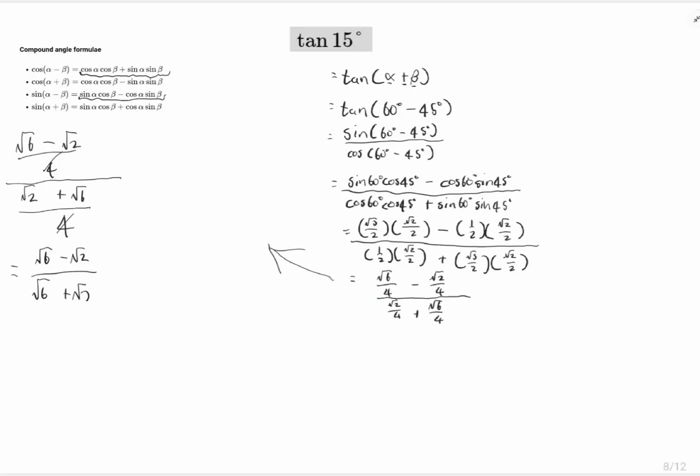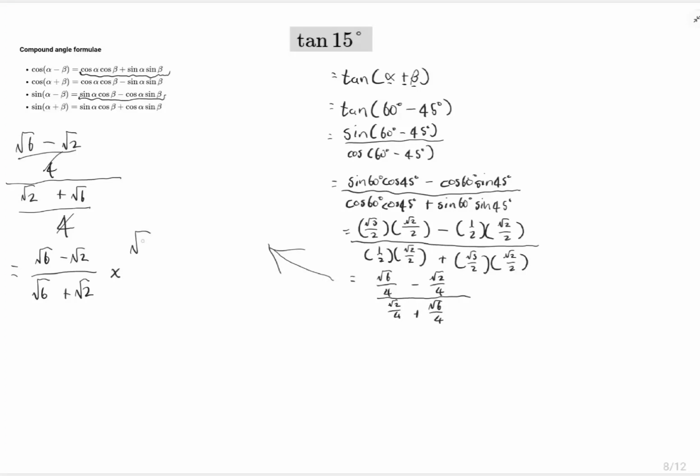Okay, so is it simplified? It is not. If the question says simplify, you've got to simplify to the fullest. Why is it not simplified? When you see a square root in the denominator, you must know that it is not simplified. That's the general rule: if you want something to be simplified, the denominator must not have any square roots. So how do we eliminate these square roots?